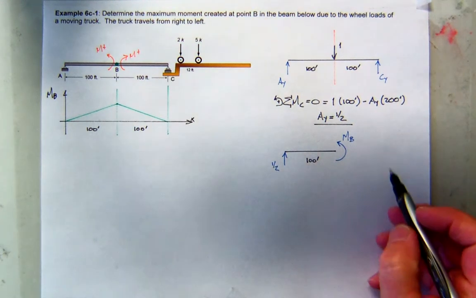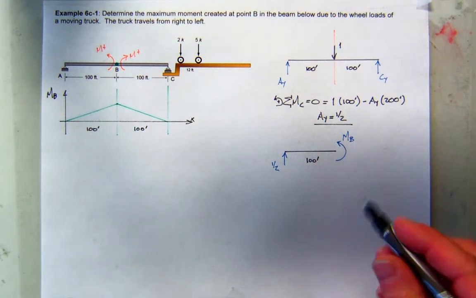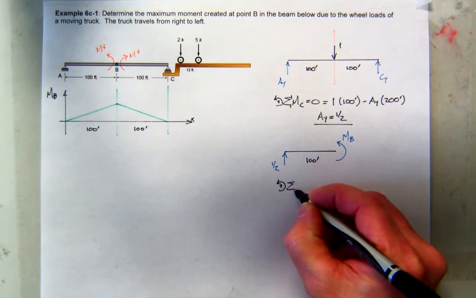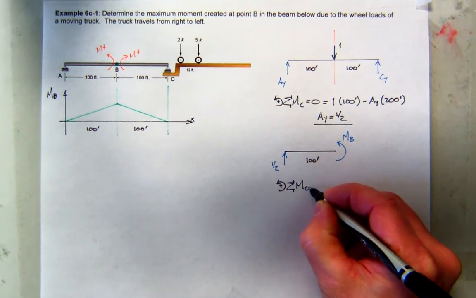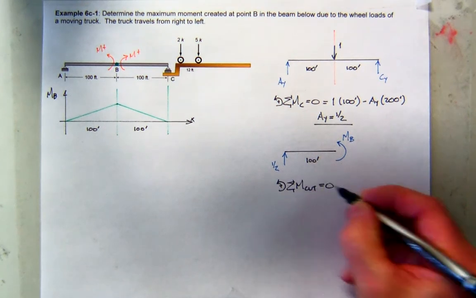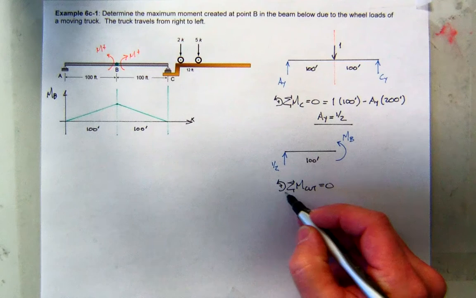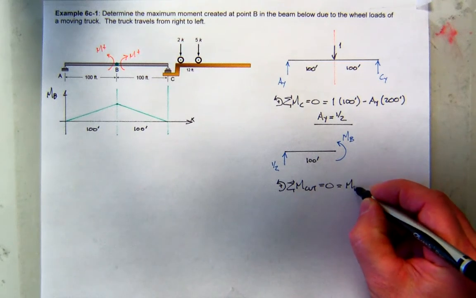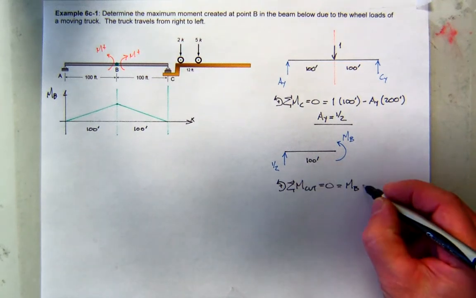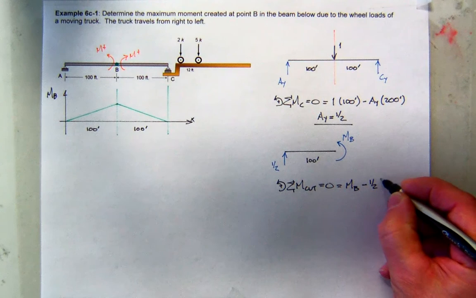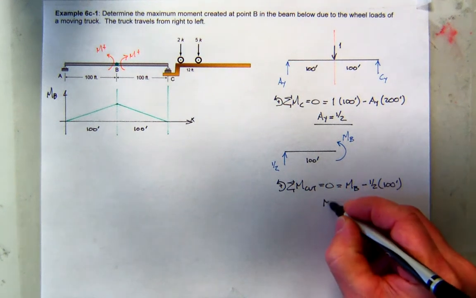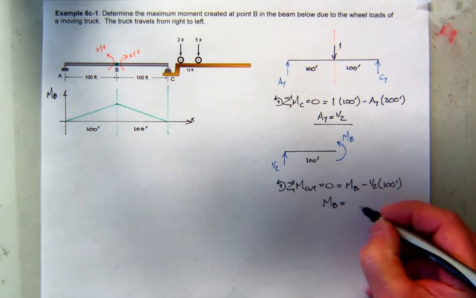So how do I find this internal moment? Well, sum moments at the cut. Done that a few times. Using right-hand rule, the internal moment is positive and the reaction moment is negative. 1/2 times the moment arm of 100, so the moment at B is 50 feet.